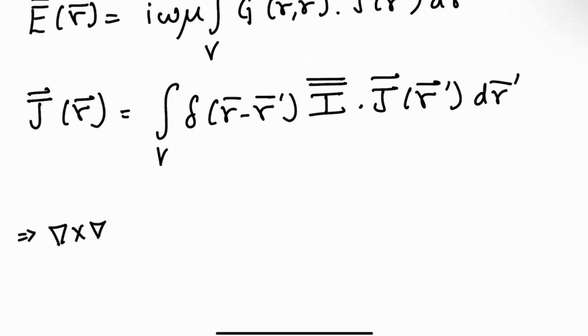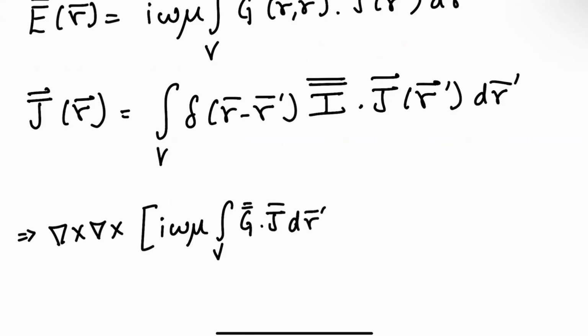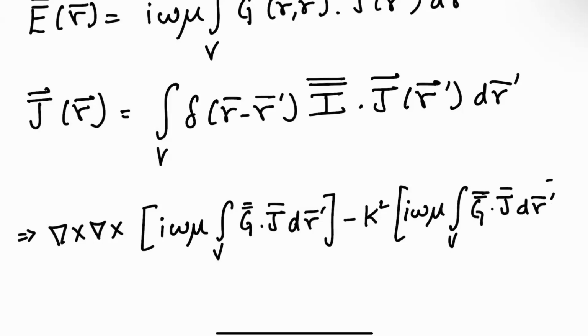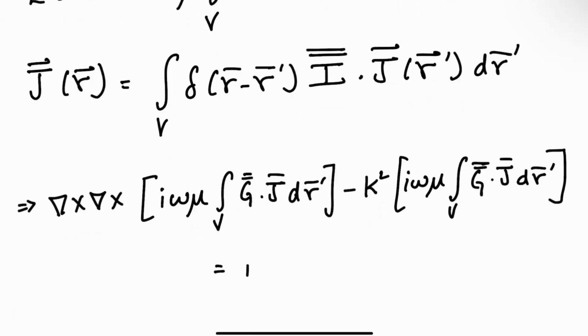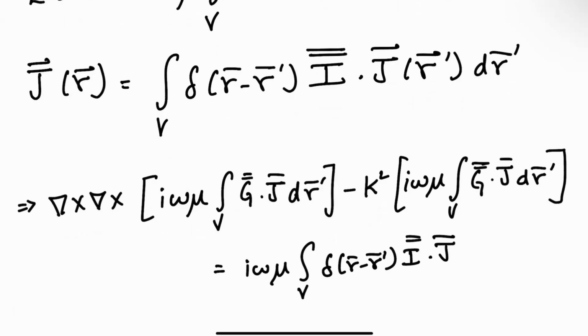You get curl of curl of i omega mu volume integral G dot J dr prime minus k squared i omega mu volume integral G dot J dr prime is equal to i omega mu volume integral delta of R minus R prime I dot J dr prime.